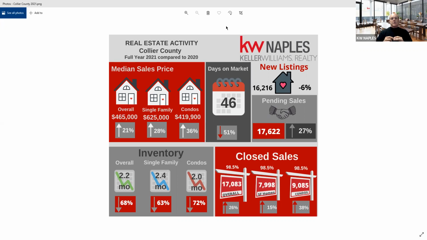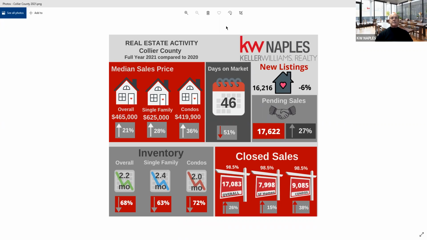Pricing, of course, is a major issue. Look at the overall median price: it went up 21% in 2021 compared to 2020. That's a pretty big increase. We normally figure 8 to 10% per year is probably average appreciation.